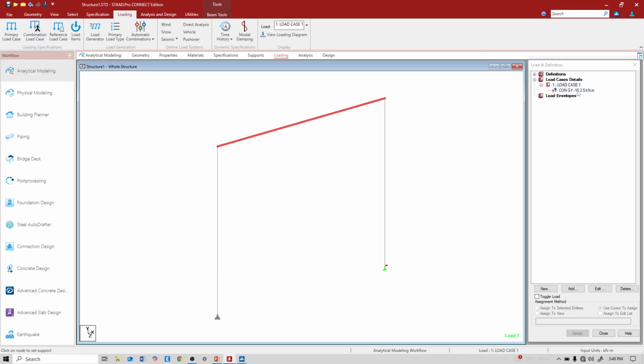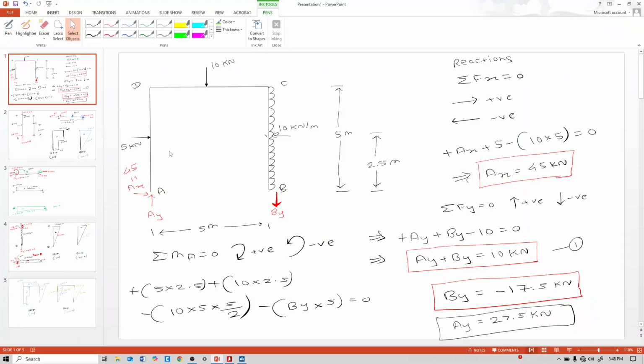Select 2.5. Use cursor to assign. So assign to selected beam. Assign. Yes. So see this green color. This 5 kilonewton is also at 2.5 meter.